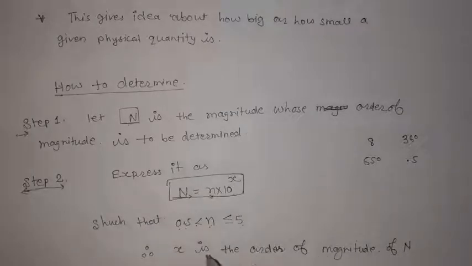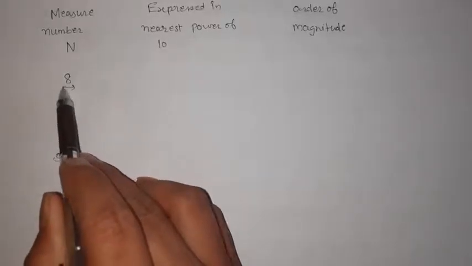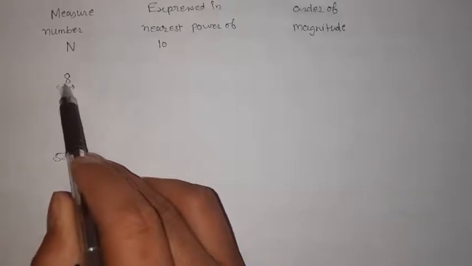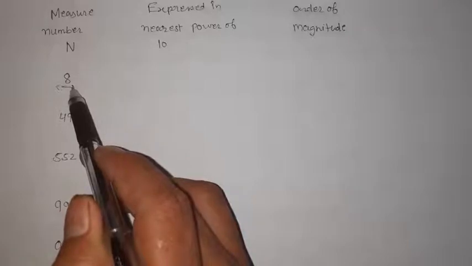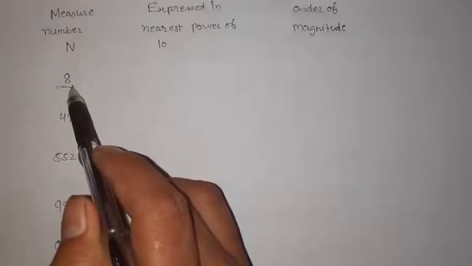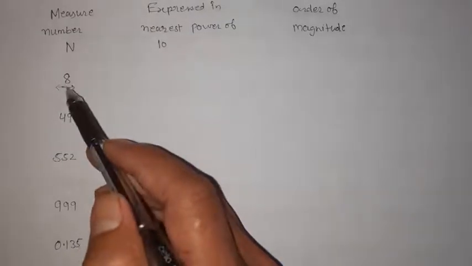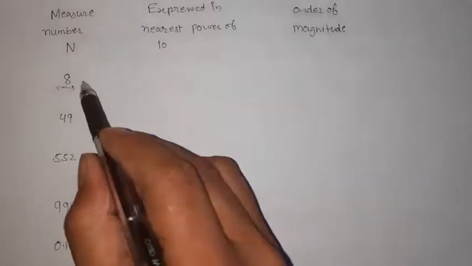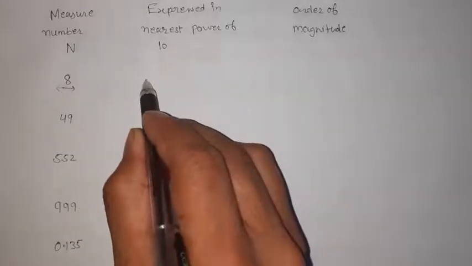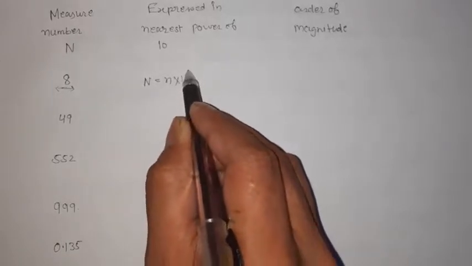Now let us look at a few examples. Very first, I am going to take the magnitude 8. This is the number n whose order of magnitude I want to find out, the nearest power to this magnitude. So, students, what is our demand? We have to first express it as n into 10 to the power x.